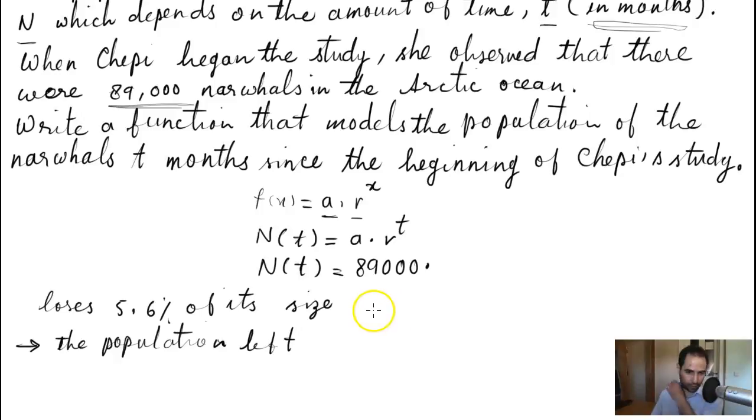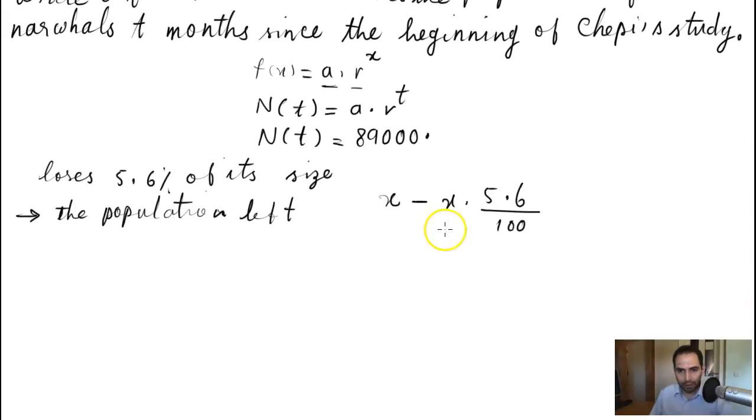If I take my population as x, I am losing 5.6% of this x. So I have to subtract from x 5.6% of x. So it's x times 5.6 divided by 100. That becomes x times 1 minus 5.6 divided by 100. I'm taking an x out.